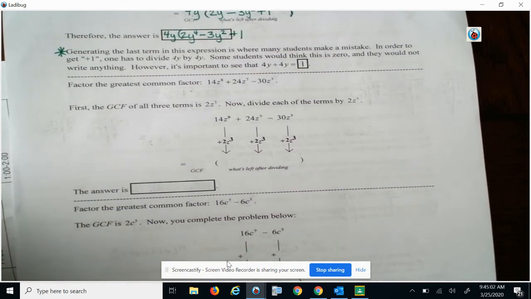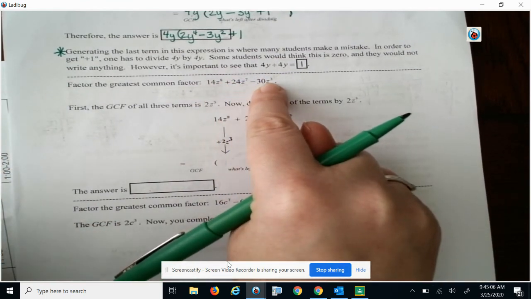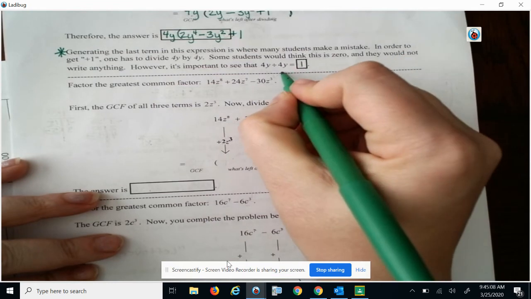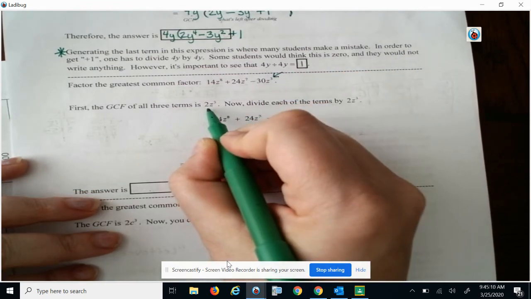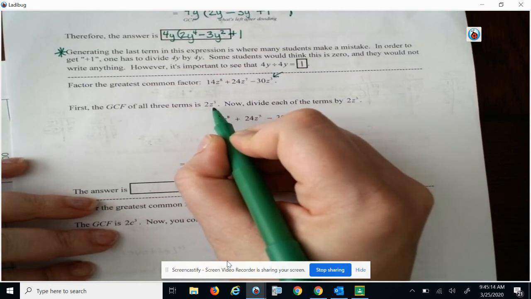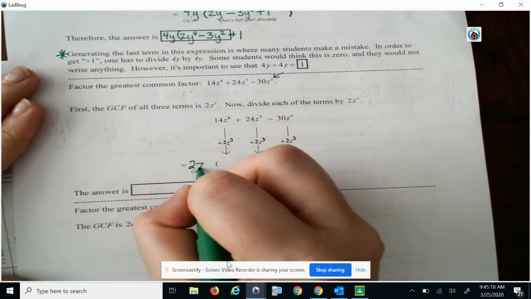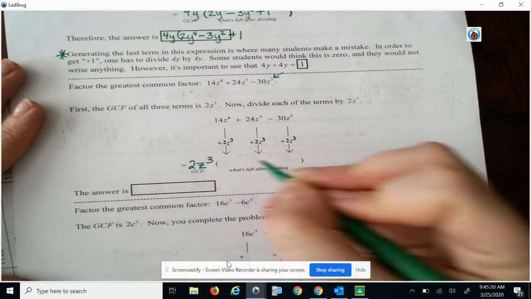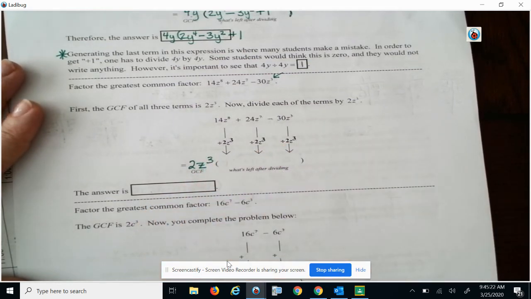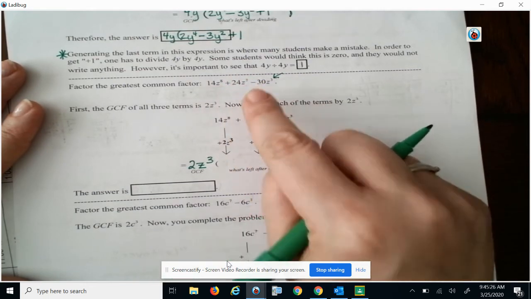Okay, so 2 is our number, and then they all have a z. So we're taking our smallest exponent, which is 3. So 2z to the 3rd power, or 2z cubed, is our GCF, which means it goes on the outside of our parentheses. And then we divide each term by that GCF.